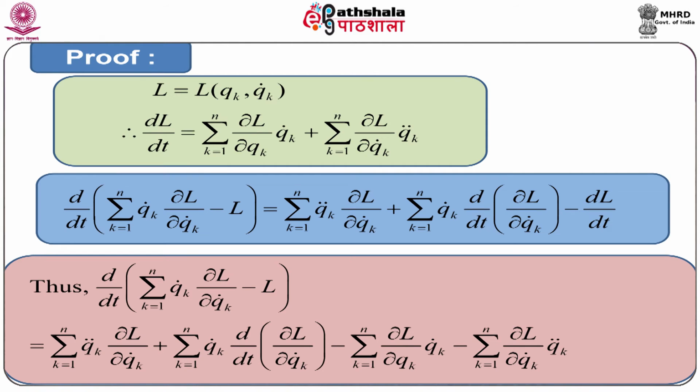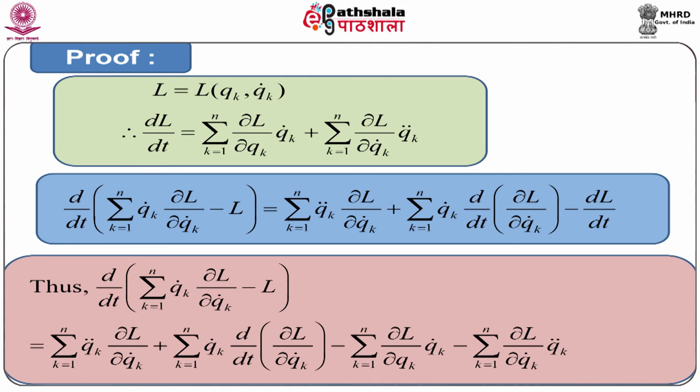Next, keeping qk dot fixed, we differentiate del L del qk dot with respect to time t ordinarily and get the second term of the right hand side. Next, differentiating L with respect to time t ordinarily, we get dL dt. If we substitute dL dt from here, we get the last line.